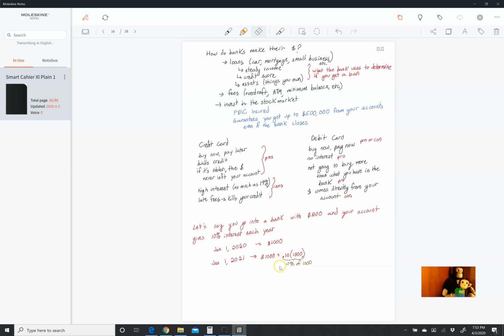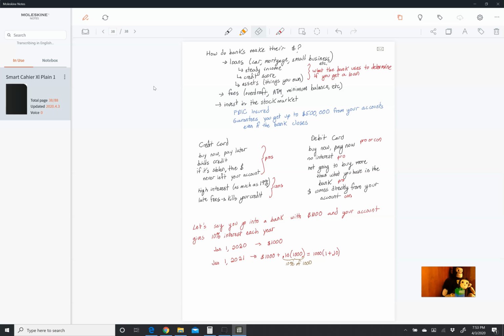Okay. Now what we're going to do here, and you're going to understand why we do this in a little bit, but if you notice, both terms have a 1,000 in common. So we're actually going to just factor that out. If we factor out the 1,000, then we get 1 plus 0.10.